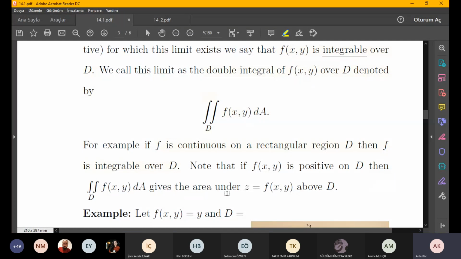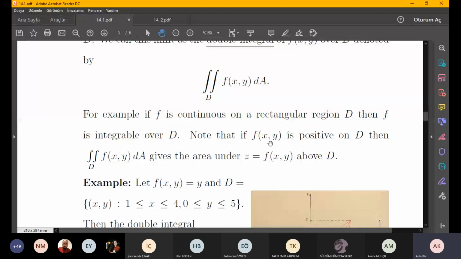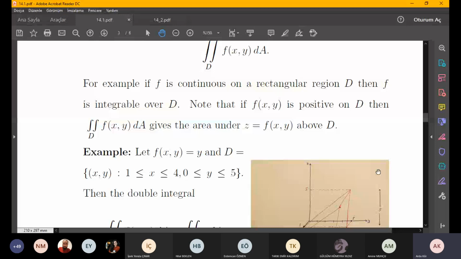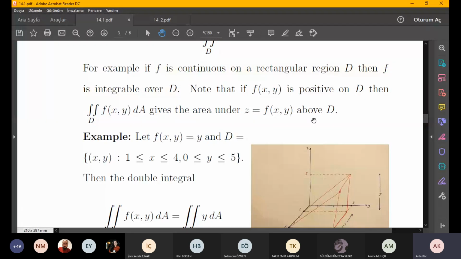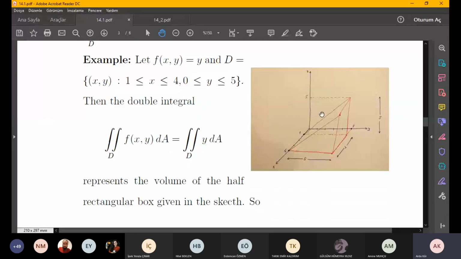And note that if f(x,y) is positive on D, then the double integral of the function f(x,y) over domain D gives, as we said many times, the volume under z equals f(x,y) and above the domain D.